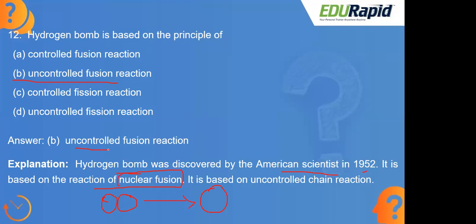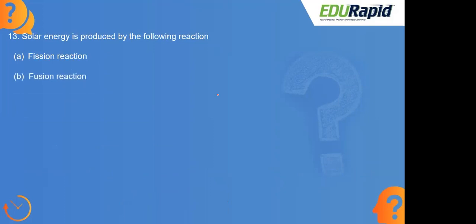So it is of highly destructive nature, both this atomic bomb and the hydrogen bomb that we have. They can destroy in a high range. So solar energy is produced by the following reaction: fission reaction, fusion reaction, chemical reaction, none of these.